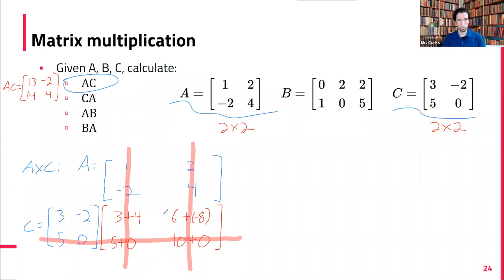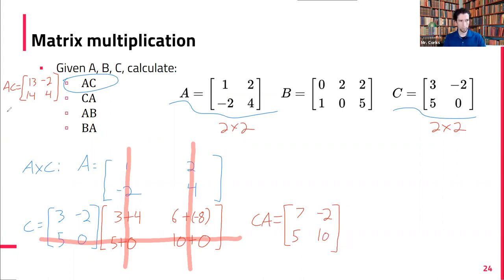Okay, so that's the step there. That's the work. So our actual result here, C times A, will be equal to what? 7, -2, 5, 10. All right, 7, -2, 5, 10.